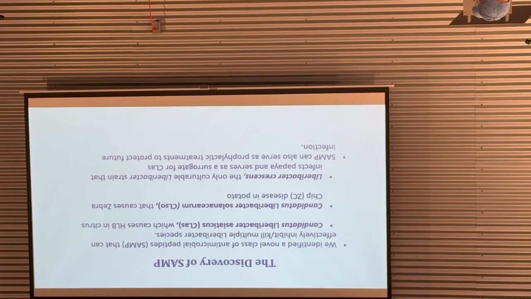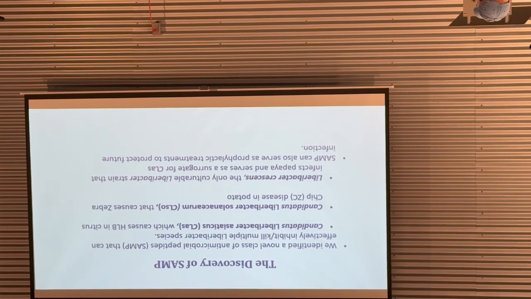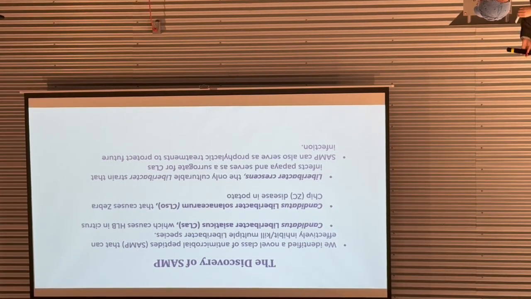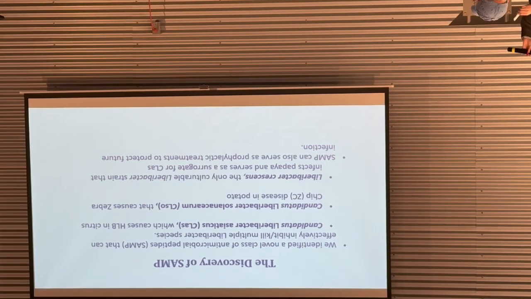So in the past several years, one peptide is something we are focusing on, and it's a novel peptide. We found it can directly kill bacteria, including Liberibacter that causes citrus greening, and Xylella that causes Pierce's disease.